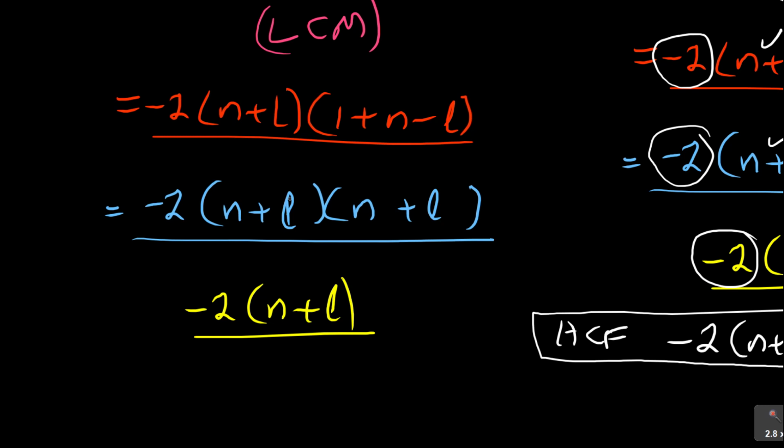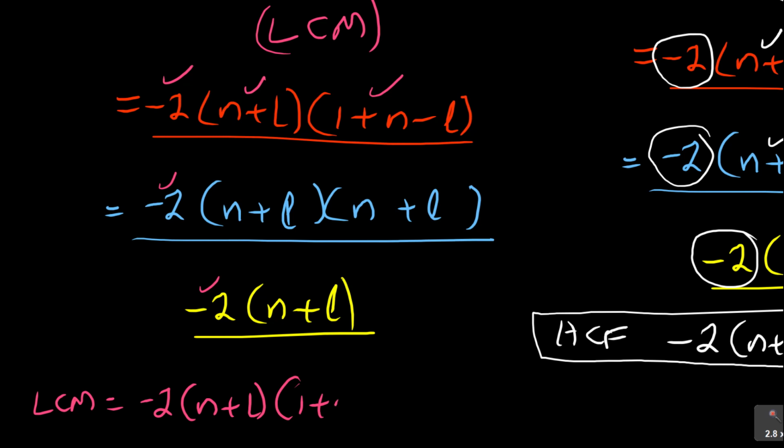You write each and every expression that is showing up. So you say -2, you write for LCM, -2 is appearing. You just write the number. So it's -2, you don't have to repeat it. I see n plus l, put in brackets n plus l. I see the next one, which is 1 plus n minus l.